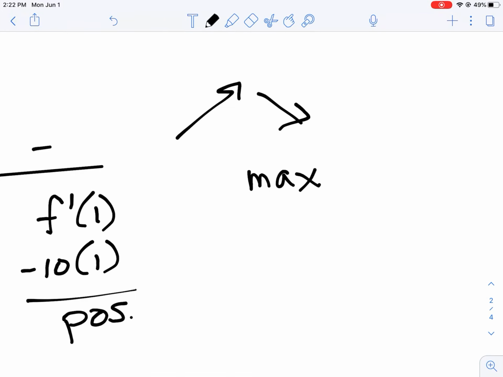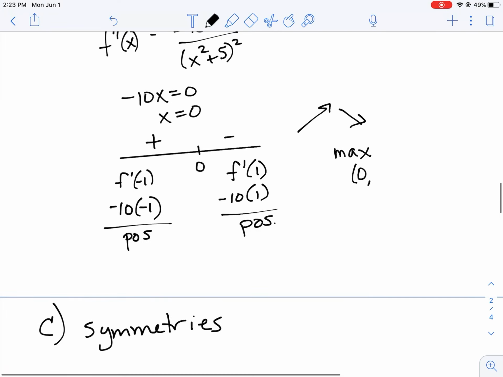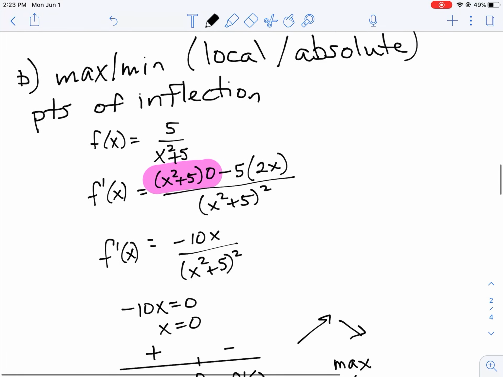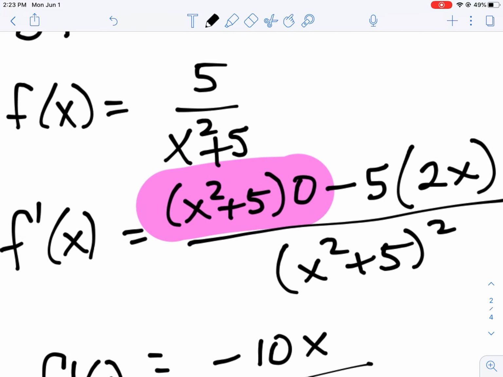When x is 0, remember back up at the top, we plug 0 in for x squared, so 5 over 0 plus 5 is 1. So (0, 1) is going to be my maximum. It doesn't cross the x-axis. Interesting. And my maximum is (0, 1).